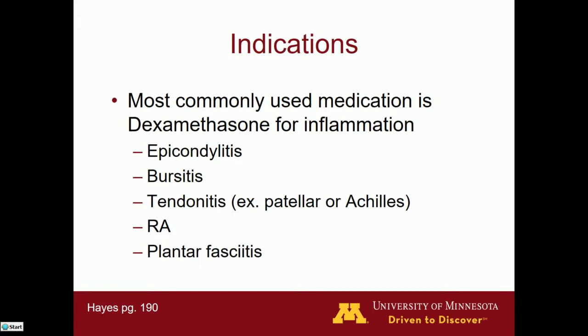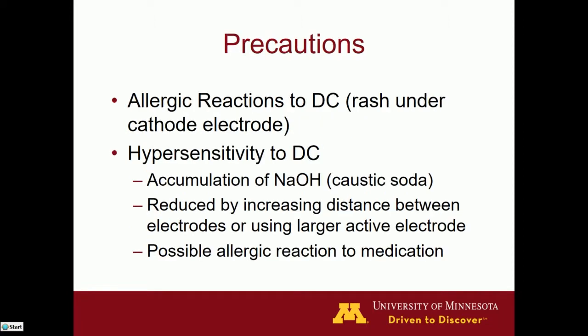It can be effective for some when in an inflammatory stage of that, or plantar fasciitis. That chart that I showed you earlier has all different possibilities of medications and what they're used for.